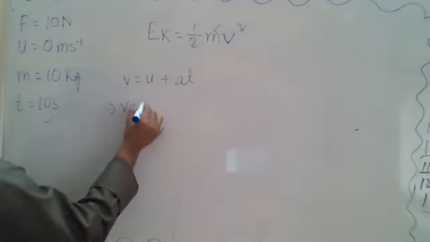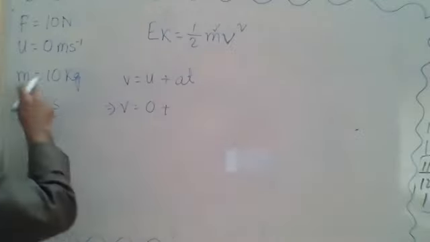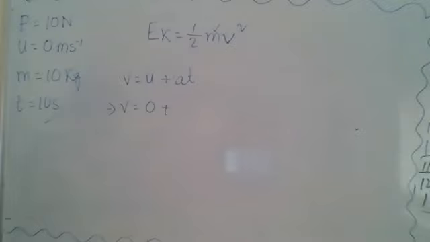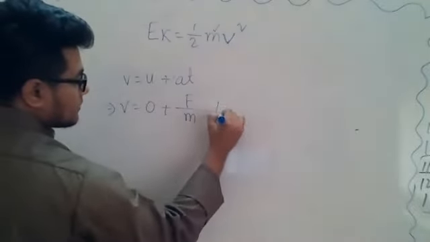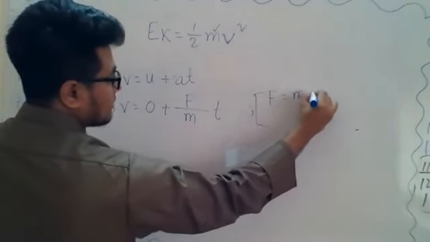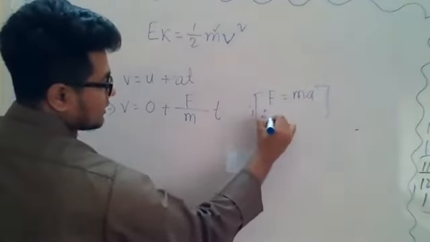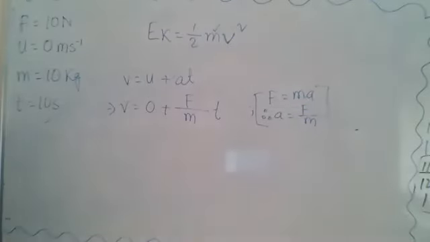Here, initial velocity u is 0, plus acceleration. Acceleration also we don't know, but to find out the acceleration, we can use f and m. Because f is equal to ma, from here I can write a is equal to f by m.